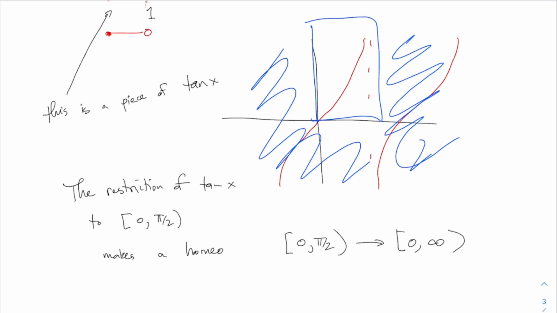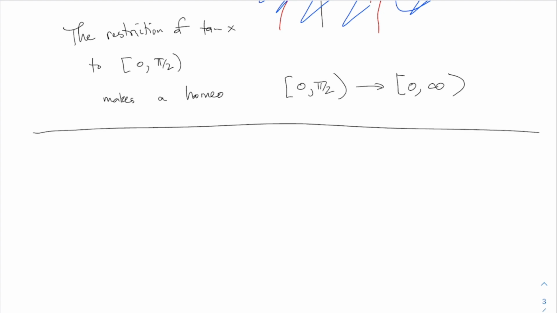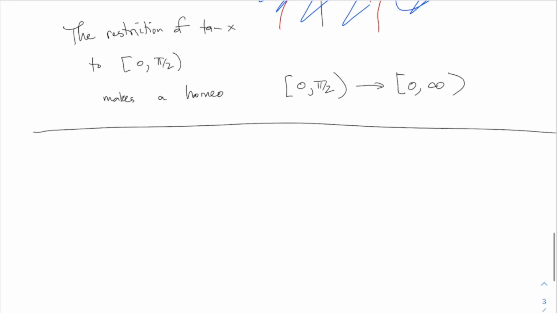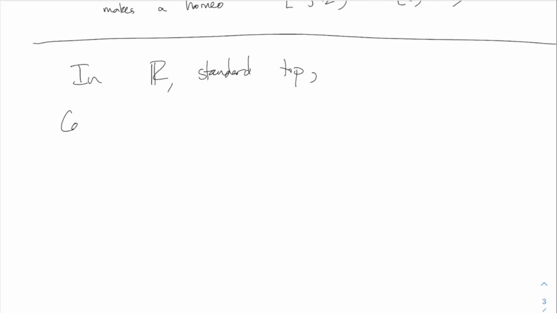All right. So the moral of the story, I'm going to try and summarize all of these random homeomorphisms that we've talked about so far. So in R with the standard topology, there are certain categories of homeomorphic sets.